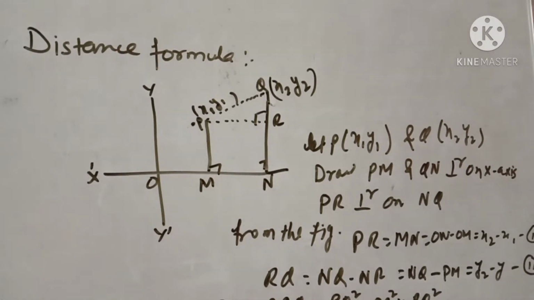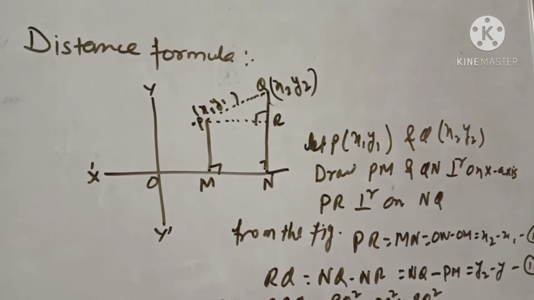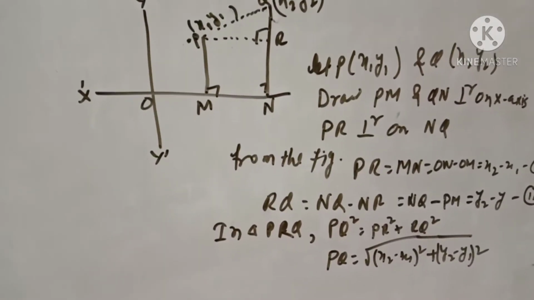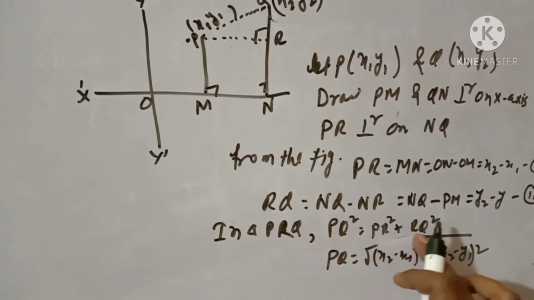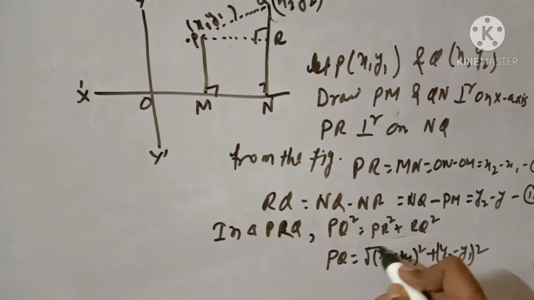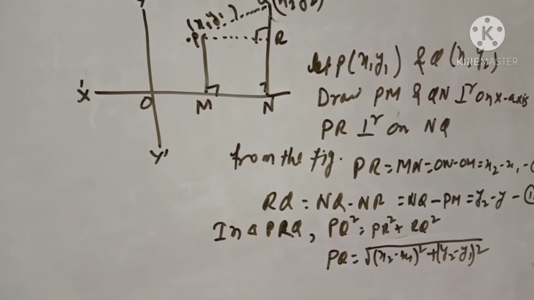So I can write PQ equals under root of (x2 minus x1) whole square plus (y2 minus y1) whole square. This is known as the distance formula. We have to use this in our later exercise. Please write down. This is a very, very important formula.